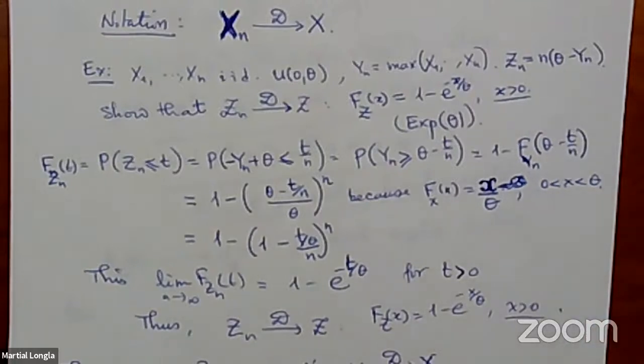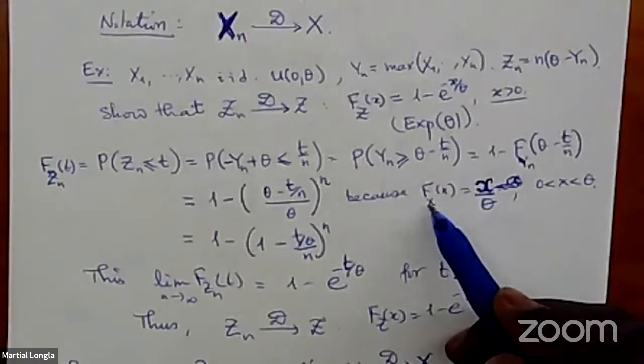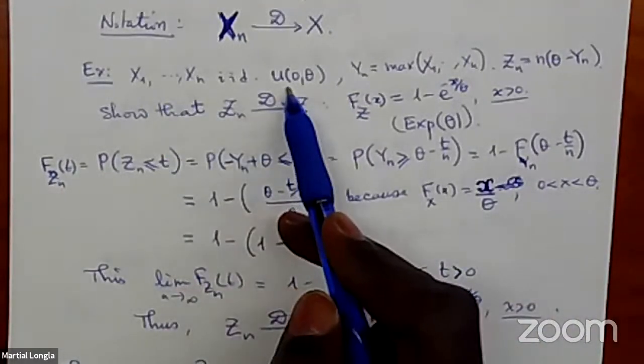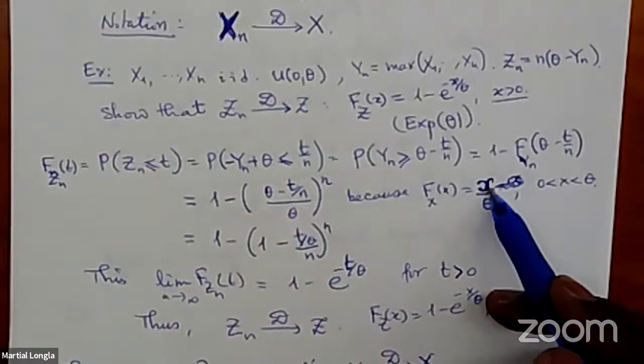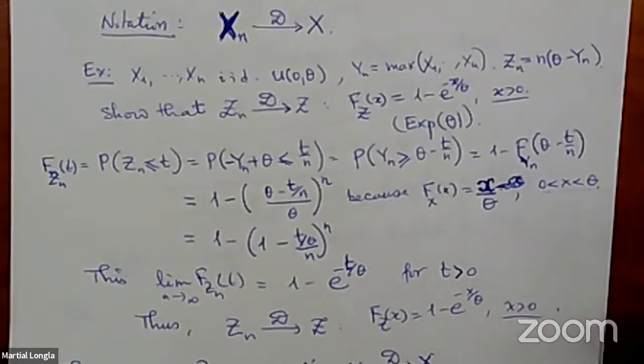Yn is the largest of the observations, and we already have the formula in this class for the CDF of the largest of the observations. It is just the CDF of the random variable raised to the power n. And the CDF of the random variable in this case, x, uniform 0 theta, is x over theta for x between 0 and theta.